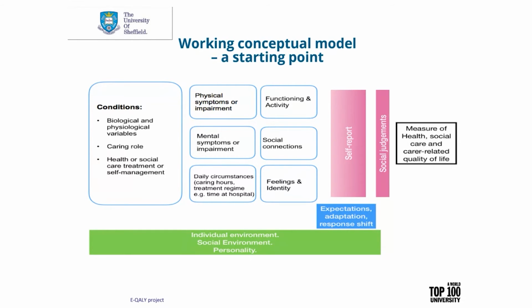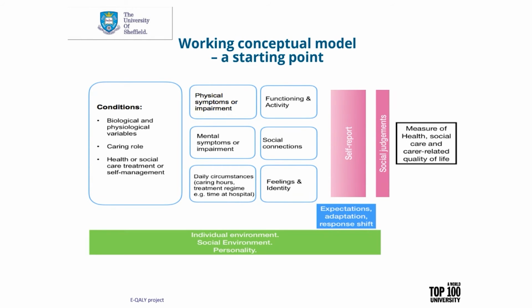Now, we took this model and expanded it to include aspects of social care and caring, including from the condition stage, although obviously it's slightly different. But then we're looking at how these things impact on symptoms and impairment, and base it on people's circumstances. And then we've slightly expanded the domains that we're covering in terms of social connections, feelings and identity and so on.